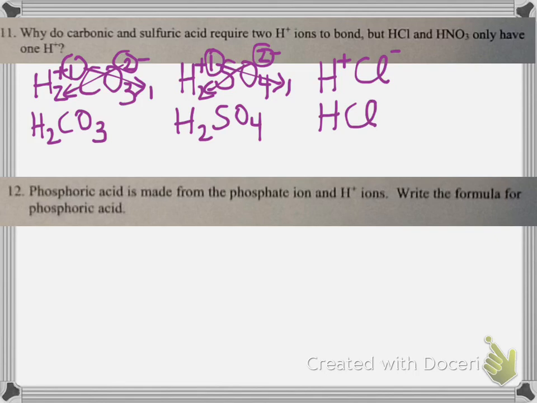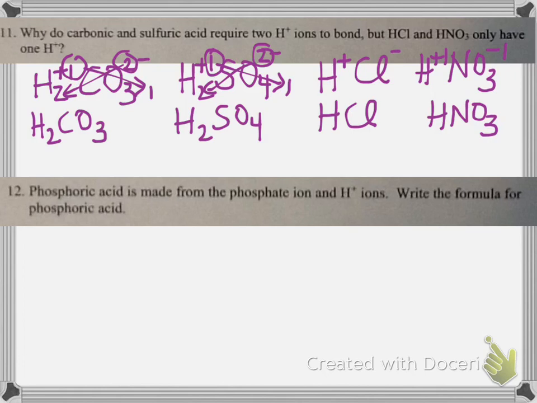Okay, and hydrogen and nitrate, which is NO3 -1, I crisscross down my 1s and I just get HNO3. So carbonate and sulfate both have a -2 charge and therefore require 2 hydrogen ions, each having a +1 charge, so that overall the formulas will be neutral.